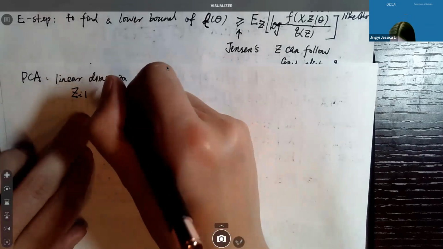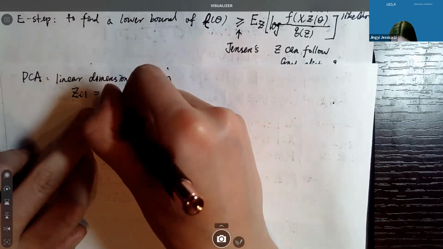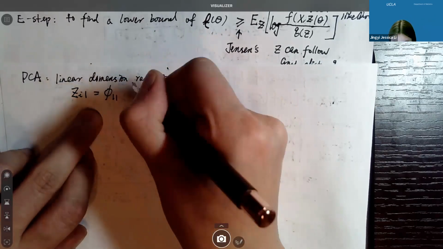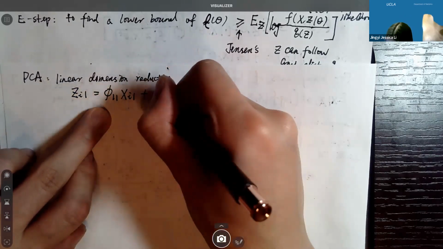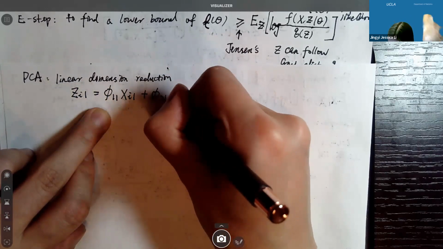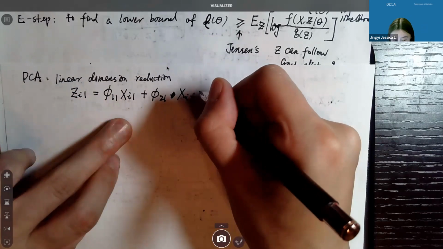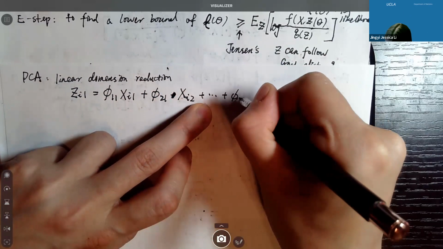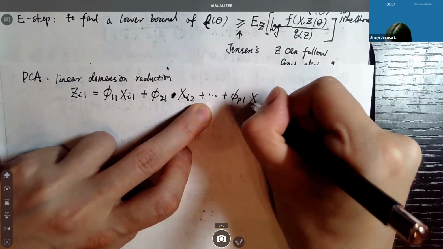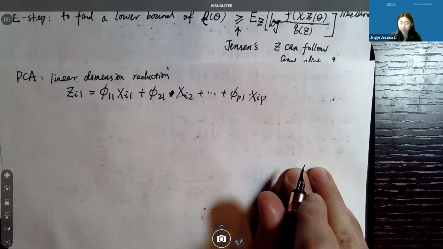So we want this to be some coefficient phi 11 times Xi1 plus phi 21 times Xi2, plus phi P1 times XiP. So Xi1 to XiP are the P values in my original vector Xi.